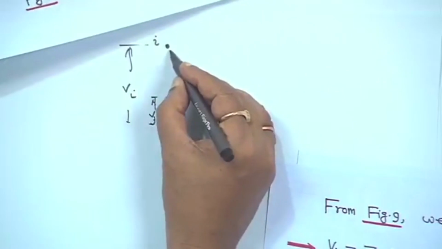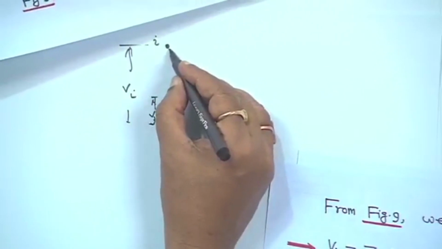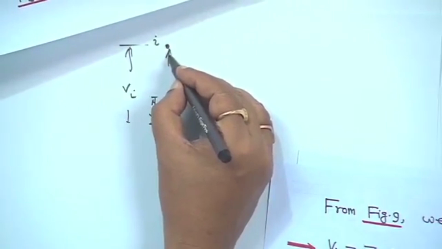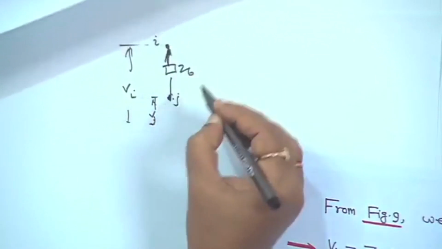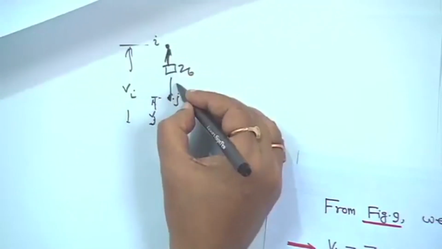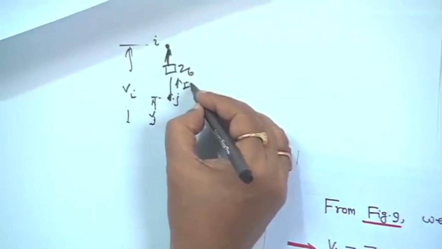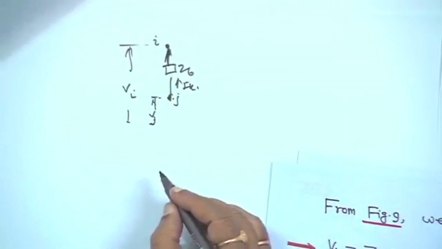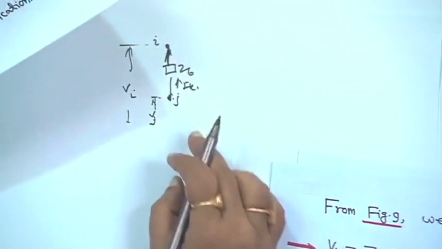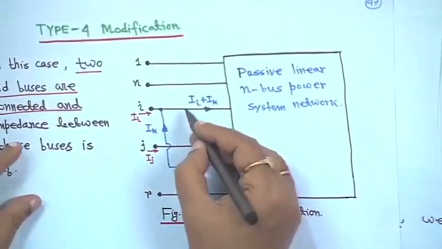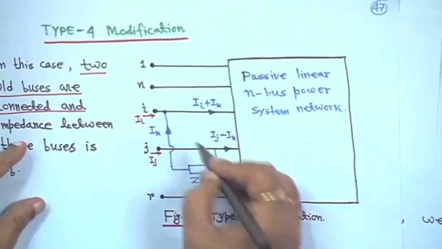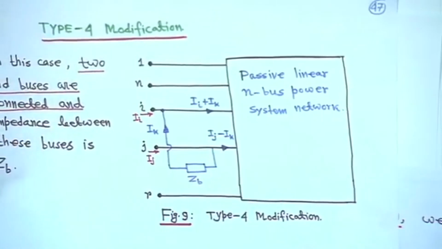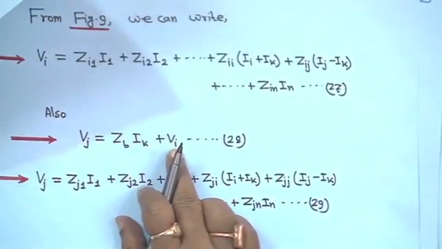This is connected by impedance Zb, and the direction of the current is taken as Ik. So, this is the simplification of how you can make it. If you draw this and put the Zb, then apply KVL, then Vj will become Zb Ik plus Vi.